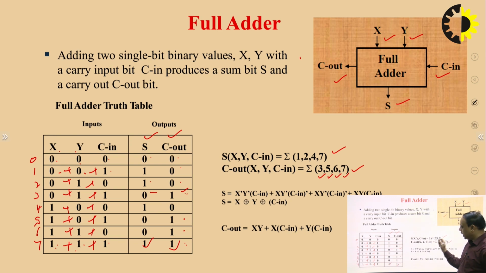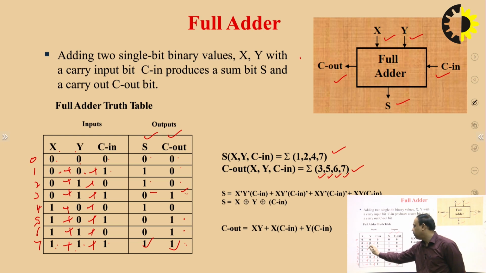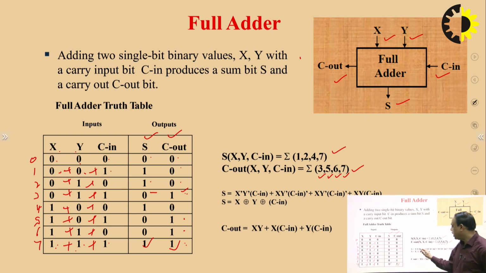Now again we have to produce the function. For producing the function, we can take the K-map and generate the function with its help, or we can directly take the combination. For the sum, it is x bar y bar C in, x bar y C in bar, x y bar C in bar, and in this way for all possible values where the output is equal to 1, we have the function like this.